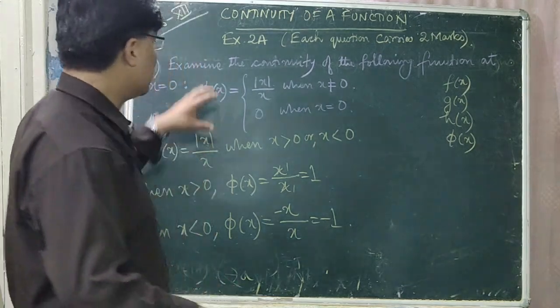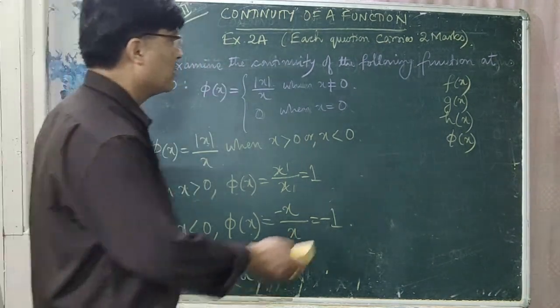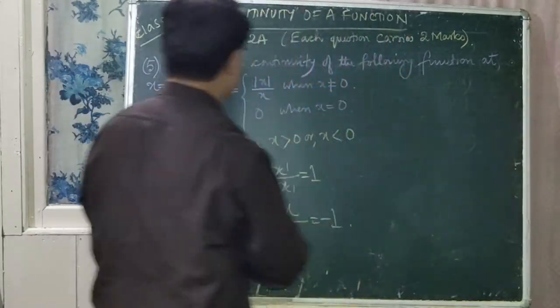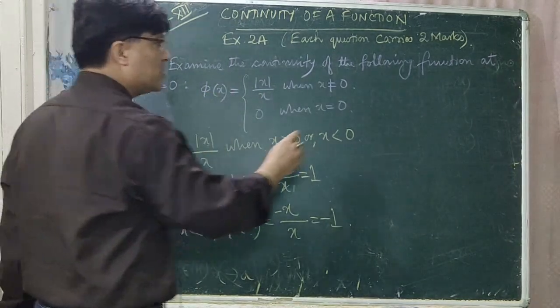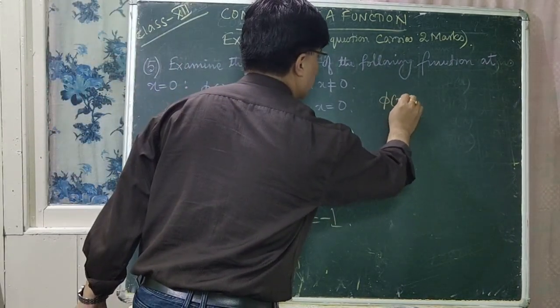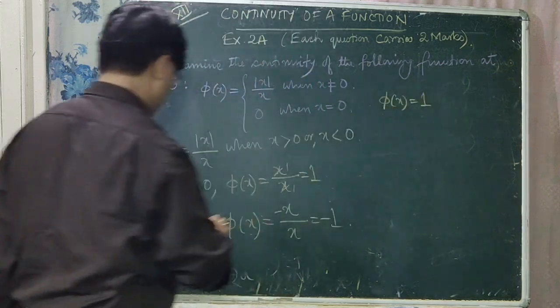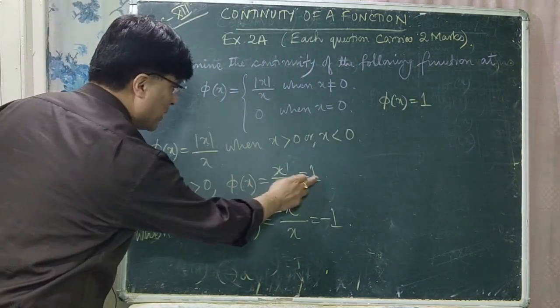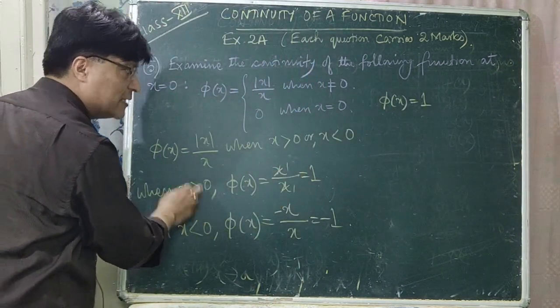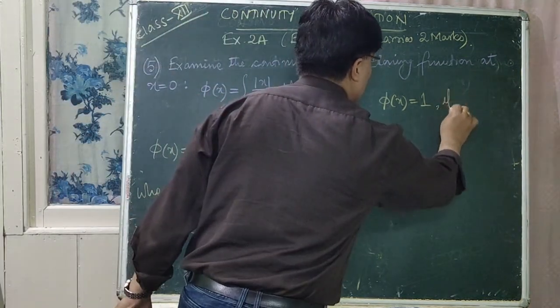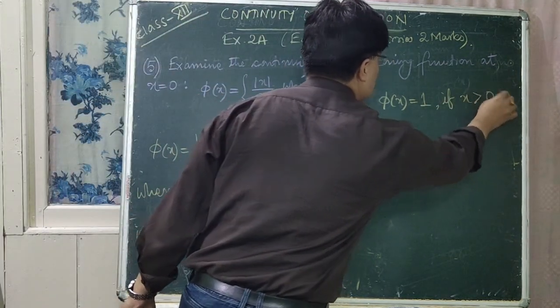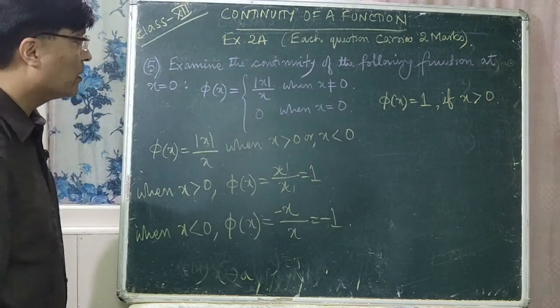So now let us redefine this function. Now the question becomes: phi of x is equal to 1 if x is greater than 0. Is that clear?